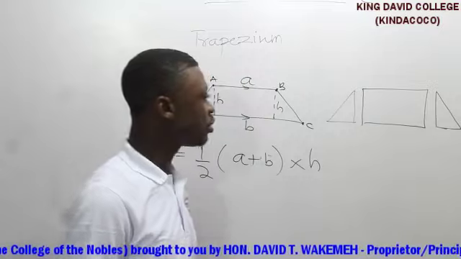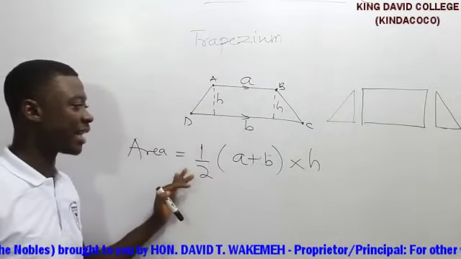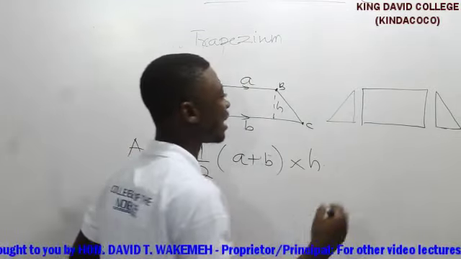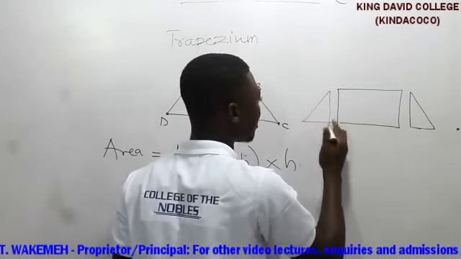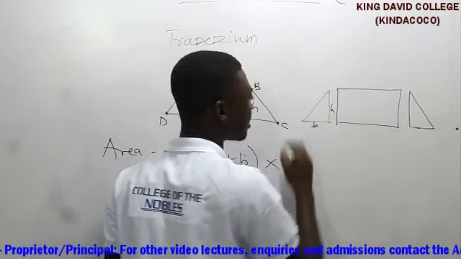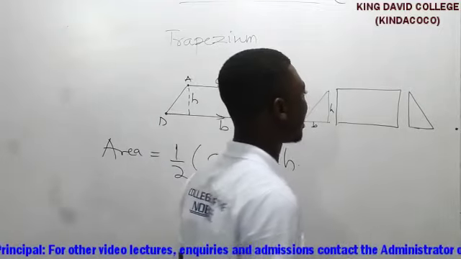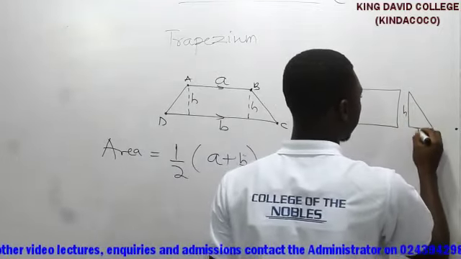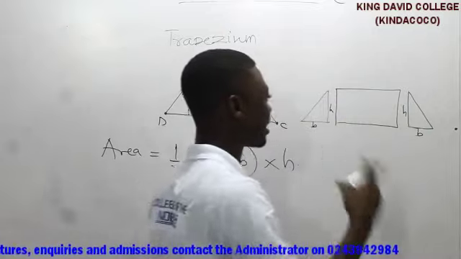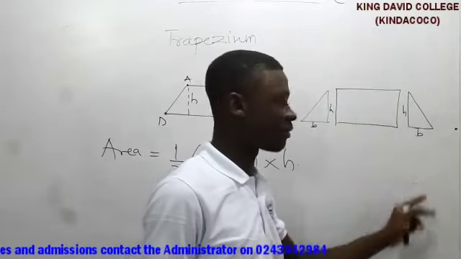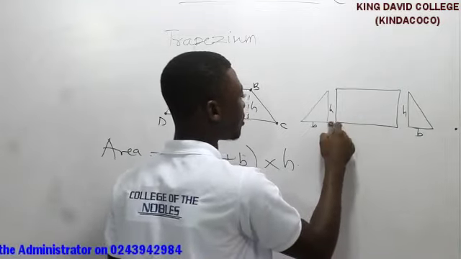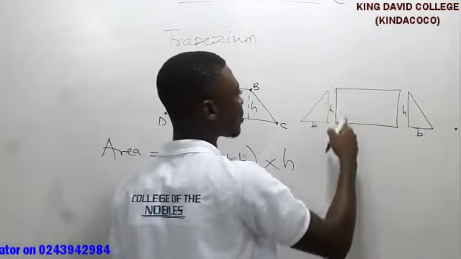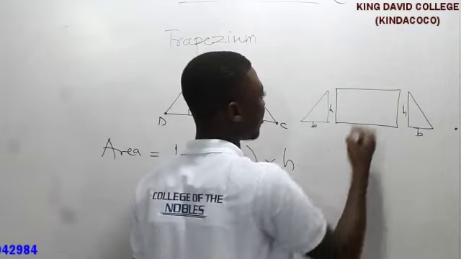So when you've forgotten a formula like this, you can just find the area of this triangle here. So the height, the base. And then you find the area here, half times the base. And this is a right angle triangle. And then this will now form a rectangle.